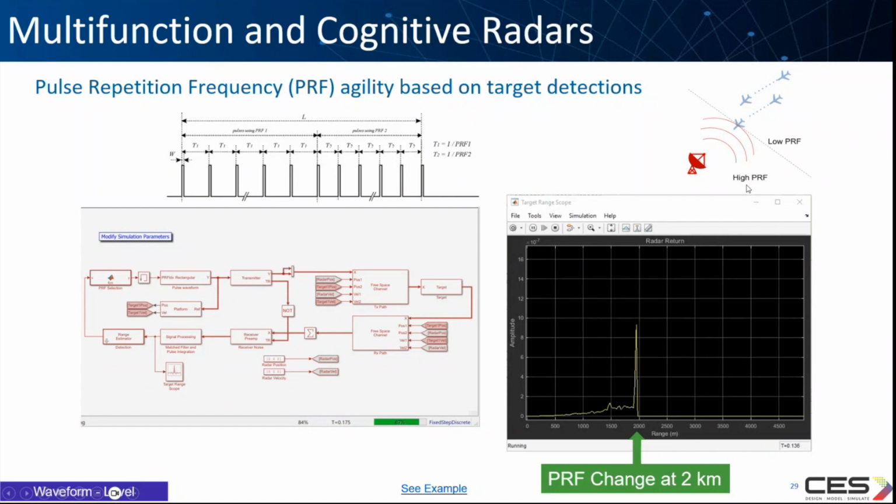So some targets will be detected only if the pulse repetition frequency is high. Some others can be detected with a low pulse repetition frequency. And this model is available in Simulink.